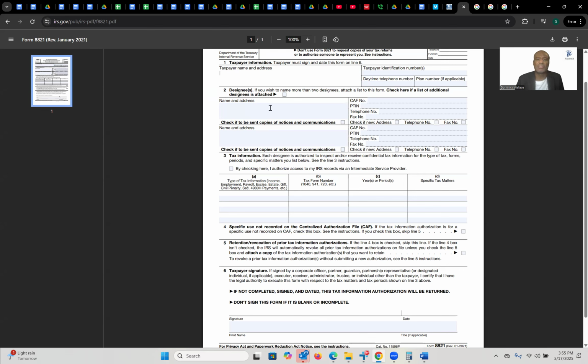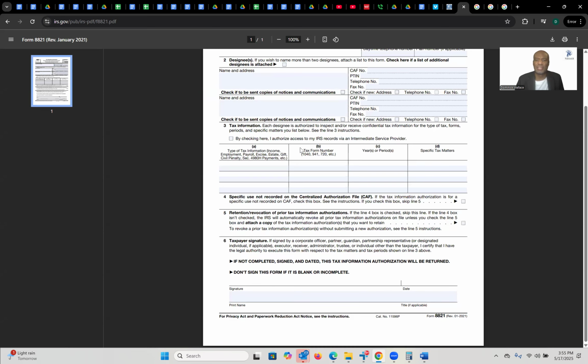So typically the designee would go here, and especially in a lending situation, the financial institution's information would go here, right? And then the type of tax information is what the financial institution would want to know. So typically a factoring company is going to want to know: are you, as a business, paying your taxes, as well as are you paying your payroll taxes?